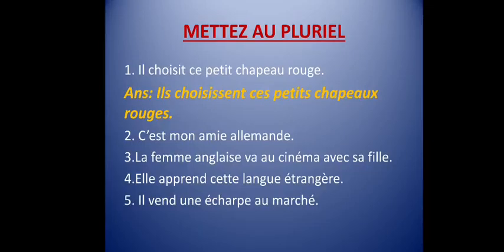She learned this foreign language. Il vend une écharpe au marché. He sells a scarf in market. So now you have to make these sentences into plural. You have to change each and every word into plural form.